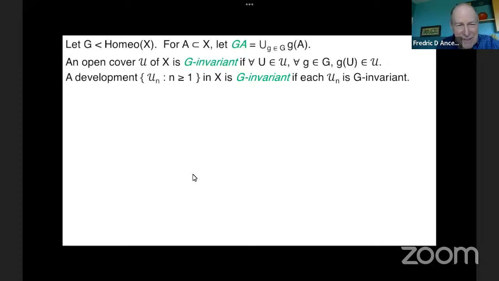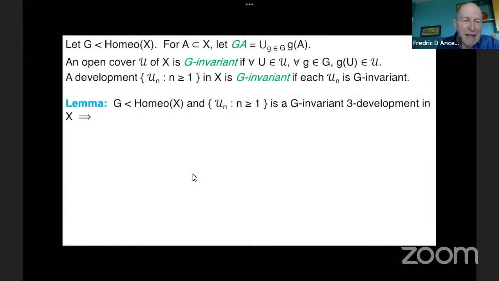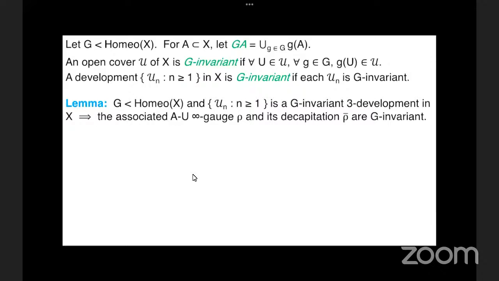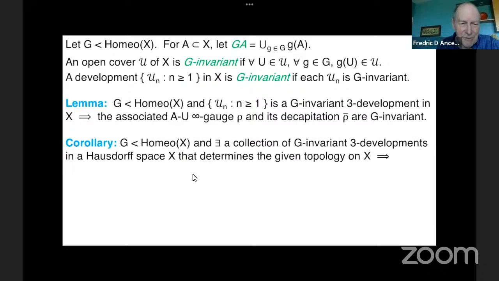And a development, or sequence, is G invariant if each open cover is G invariant. And then there are some obvious things you can say. Suppose I have a G invariant development, and I form the Alexandrov-Urysohn infinity gauge, then both it and its decapitation are G invariant. And that's straightforward.